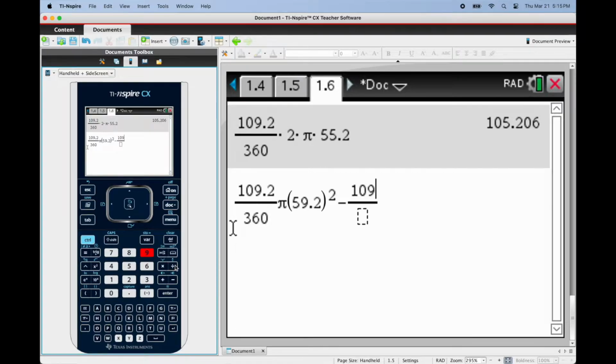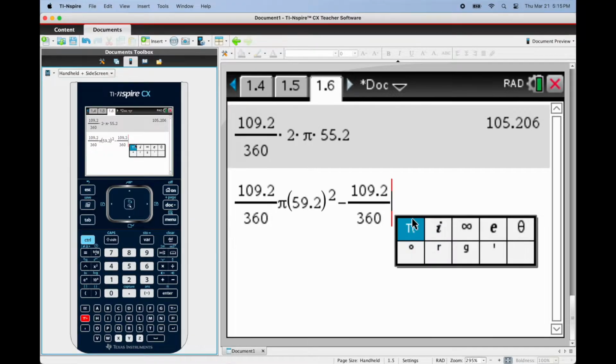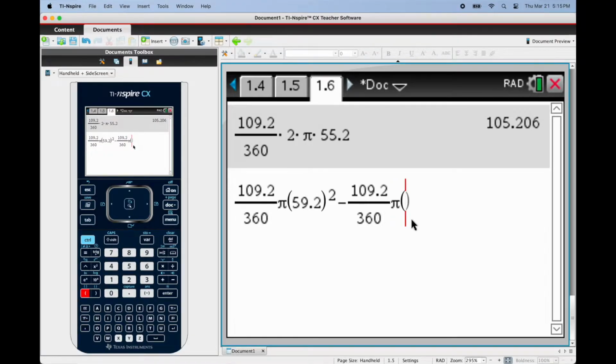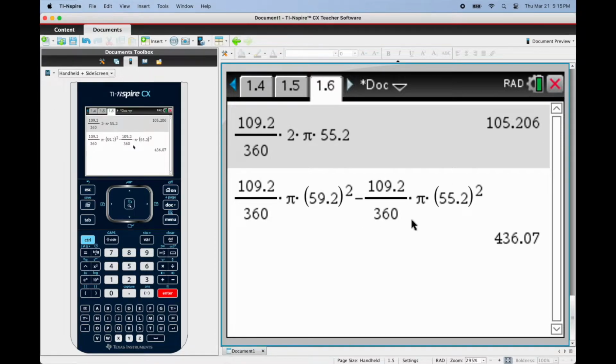The smaller circle as well was 109.2 over 360 multiplied by pi, and then the radius of this was just 4 meters less. Okay, and that should give us our area, 436.07 meters squared. So let's go back to the document.